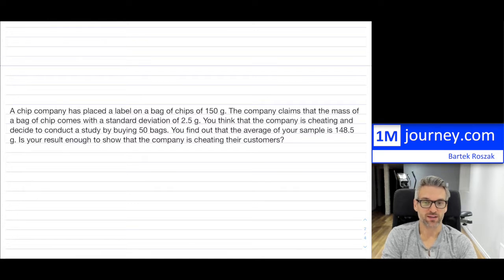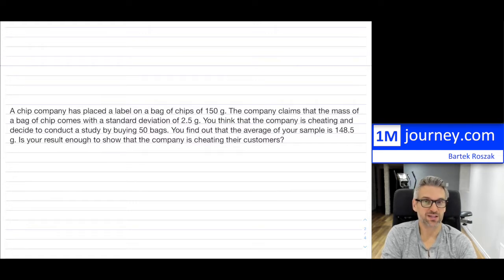Now, you think that the company is cheating, and decide to conduct a study by buying 50 bags. And now you find out that the average of your sample is 148.5 grams. Notice that's smaller than the 150 that is placed on the bag.